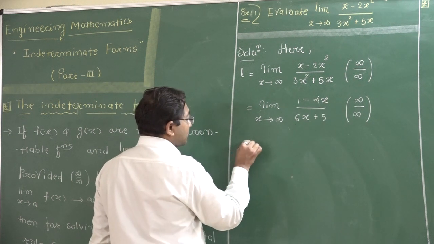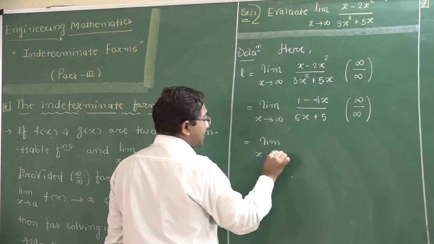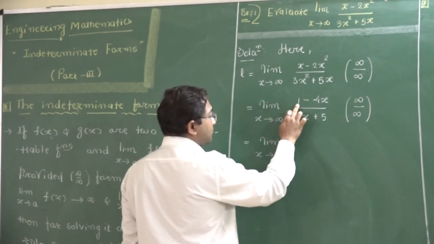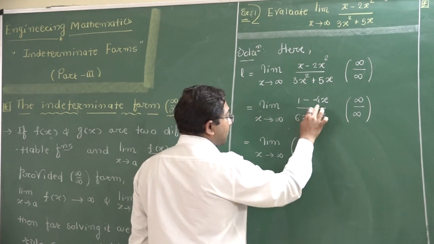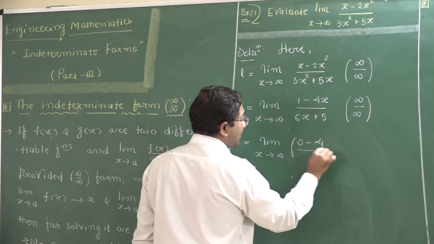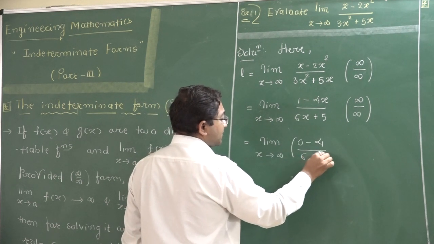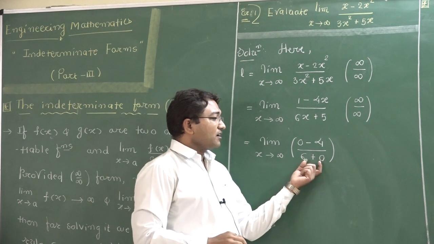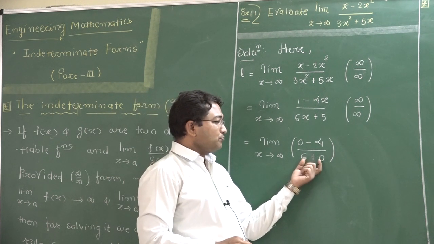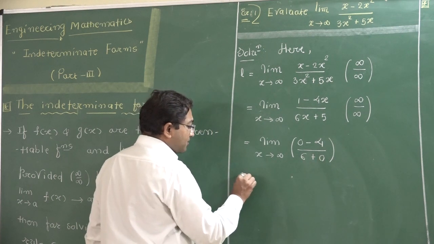So that is equal to limit x tends to infinity, the differentiation of 1 is 0, the differentiation of 4x is nothing but 4, the differentiation of 6x is 6, and the differentiation of 5 is 0. So that gives us a constant number, and the limit of a constant is constant as per the rules of limit.